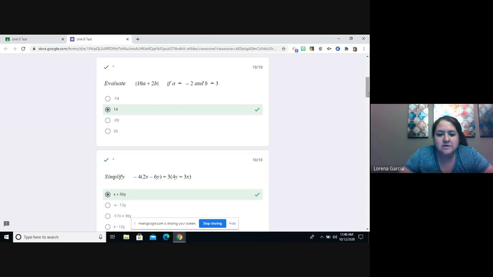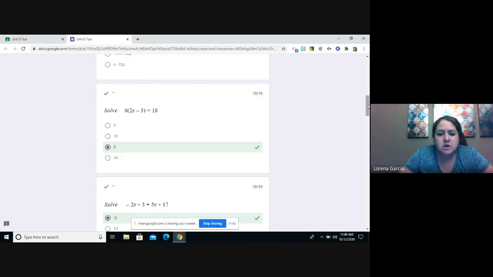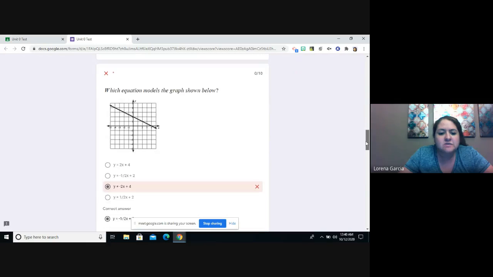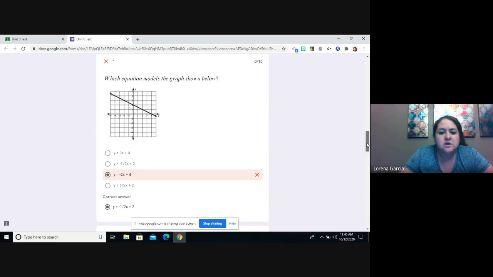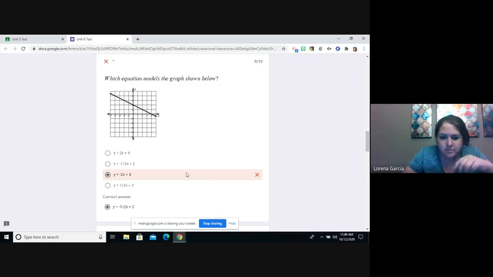I'm going to go to my test, I'm going to scroll down, and I'm going to see where I have an X. So here this student has an X. So this is a problem they'd want to correct, and they can see their wrong answer and what the correct answer should be. So I'm going to go ahead and go to the test, my blank copy, so that I can help you all fix this one.